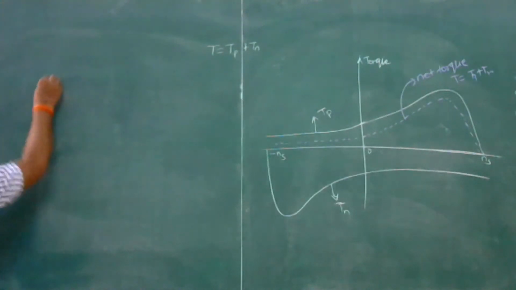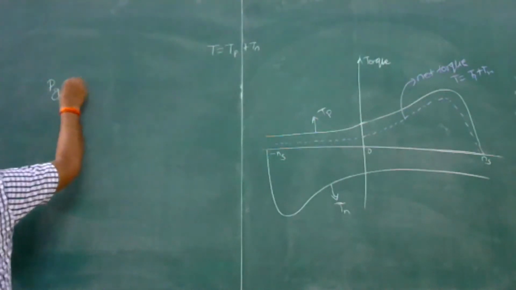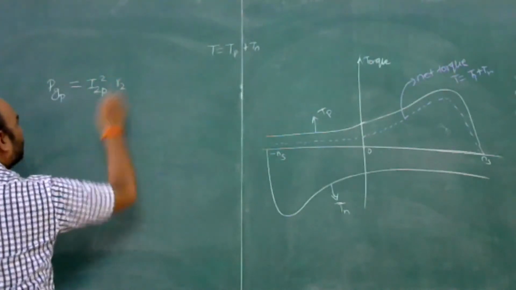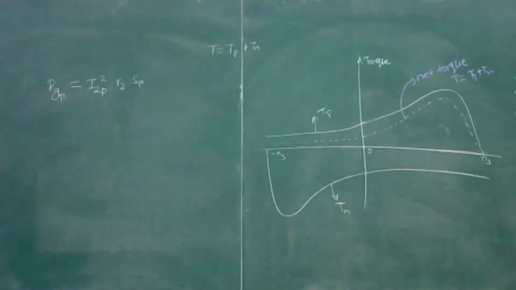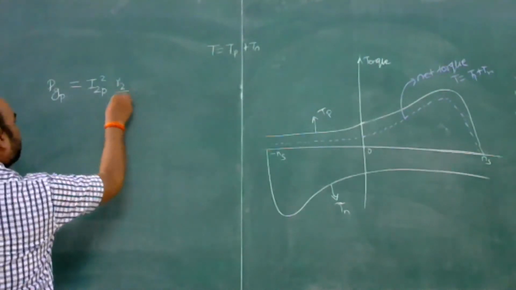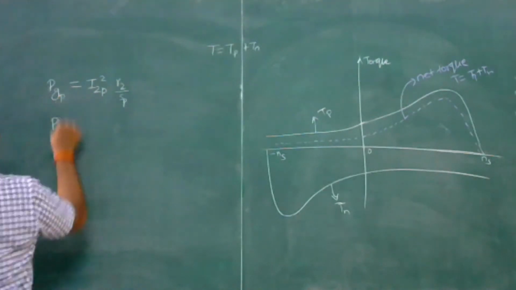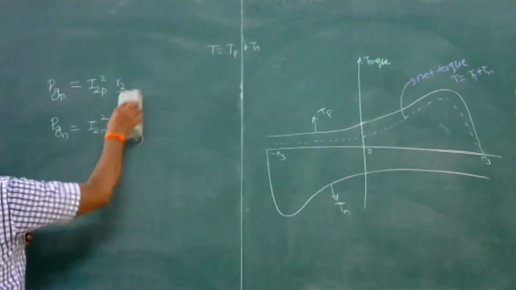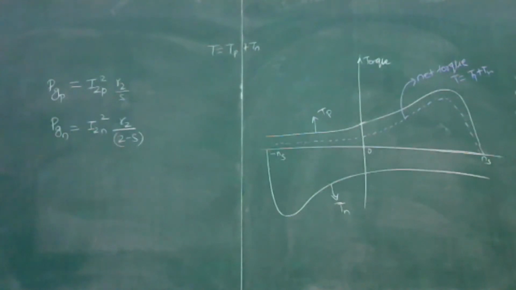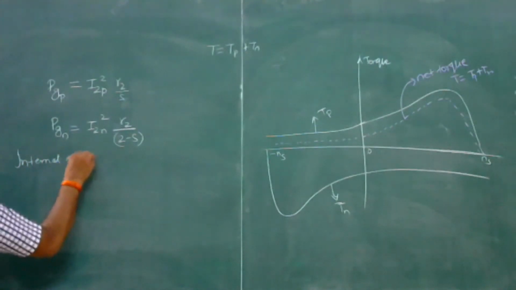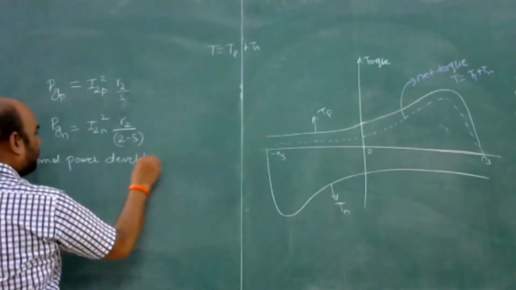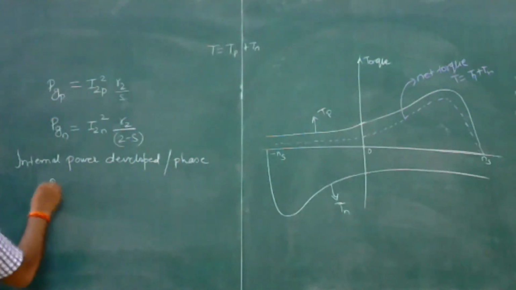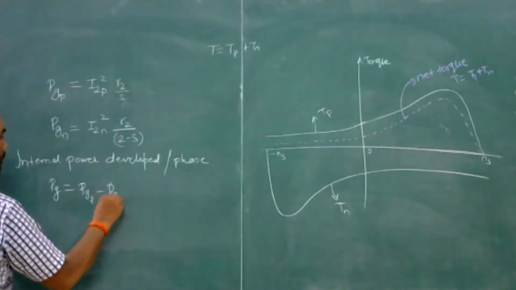So now air gap power due to positive sequence will be equal to I2P square into R2 into SP, so this is R2 divided by S, which is equal to S, and air gap power due to negative sequence will be equal to I2N square R2 by 2 minus S. Okay, so internal power developed per phase, Pg, will be equal to PgP minus PgN because it is moving in reverse direction.